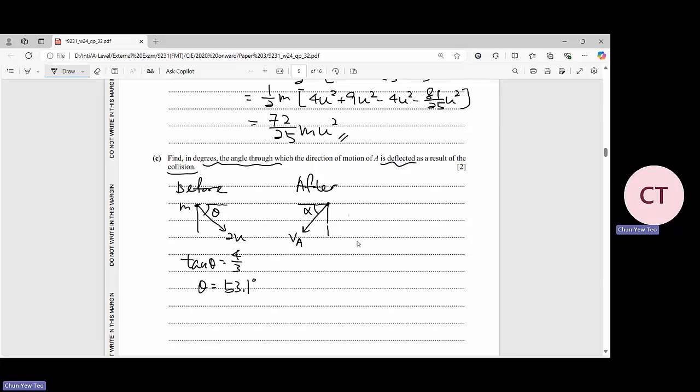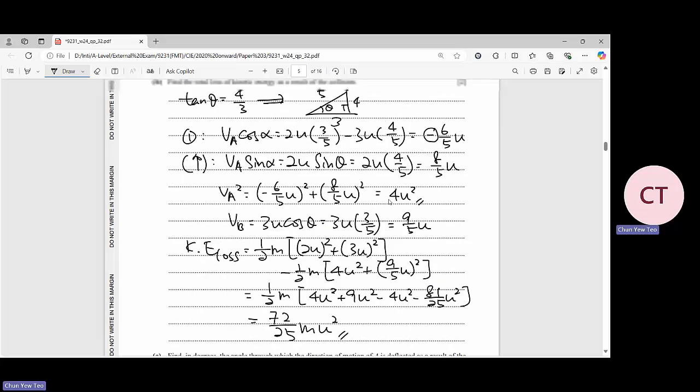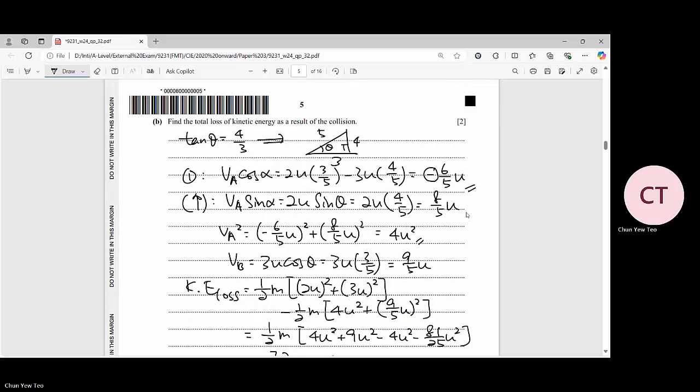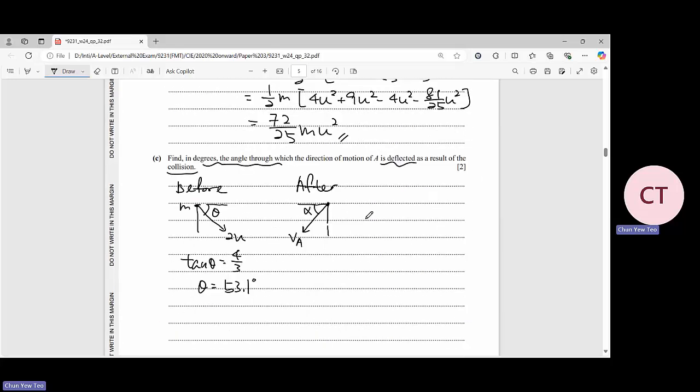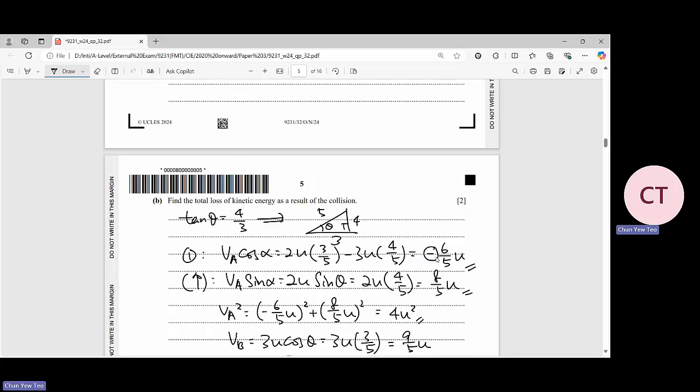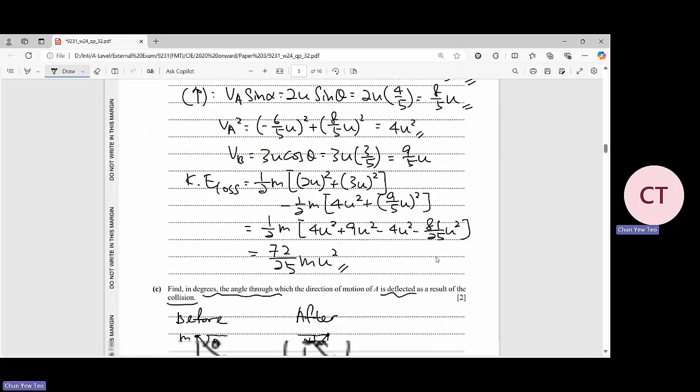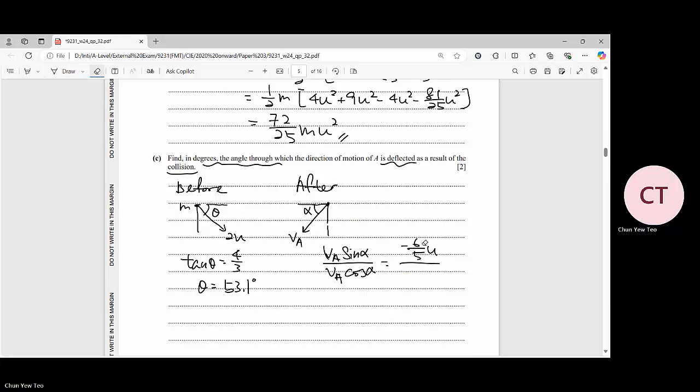53.1 degrees. So from this result and this result, to get tangent alpha, you just take VA sine alpha divided by VA cos alpha, which is 8/5 u divided by negative 6/5 u.